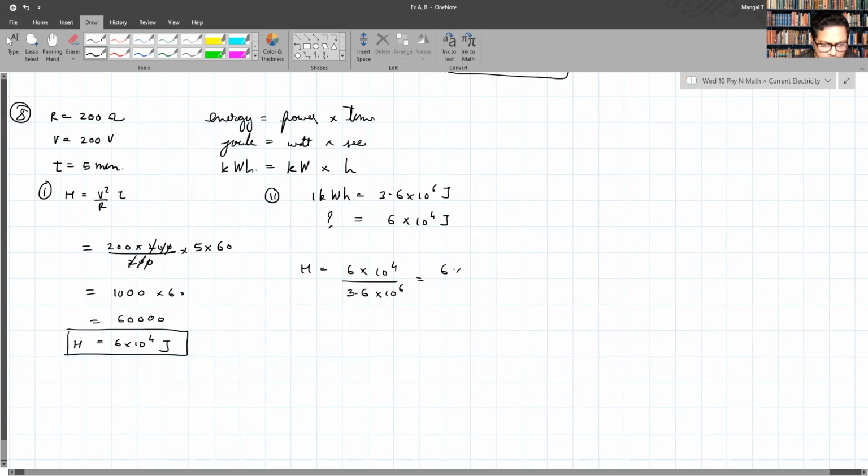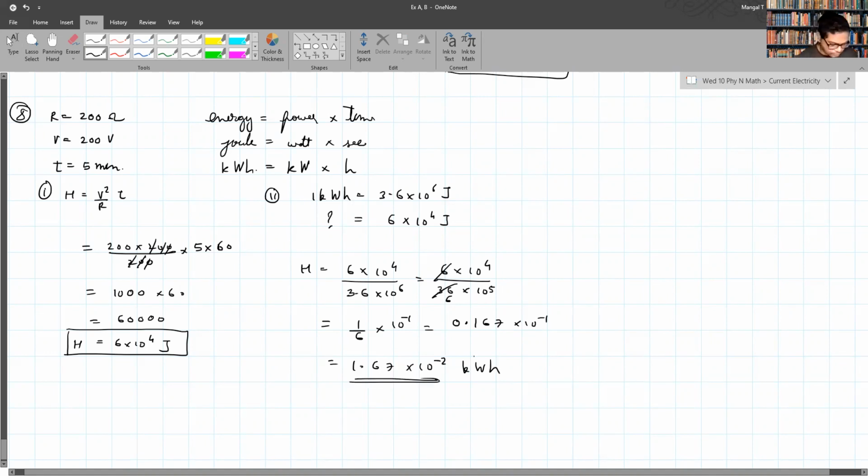That is 1 by 6 and 10 to the power minus 2, so 1 divided by 6 gives 0.167. So 1.67 into 10 to the power minus 2 kilowatt hour. That will be your answer. Any questions in this?